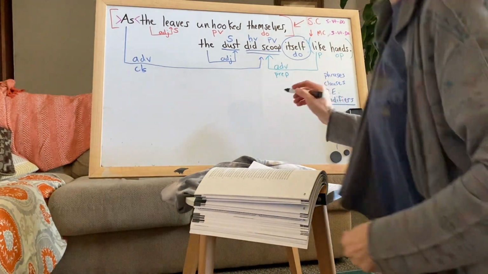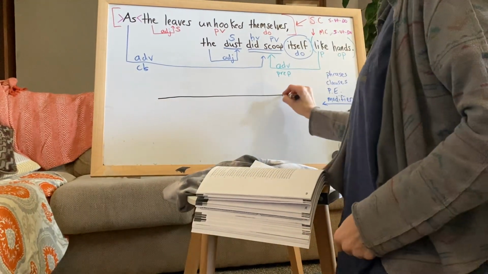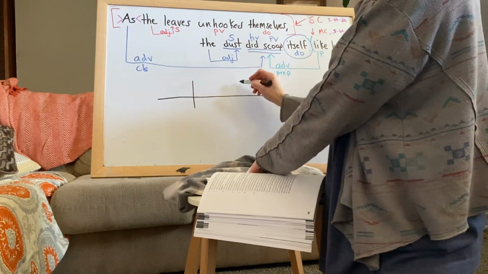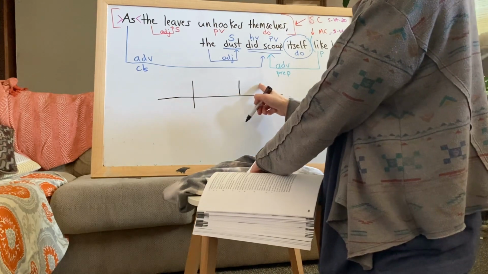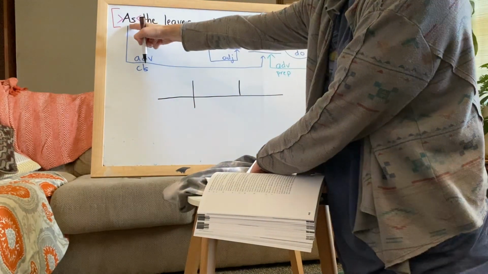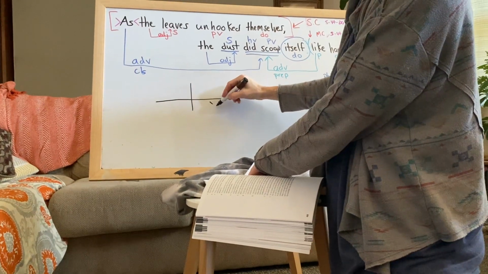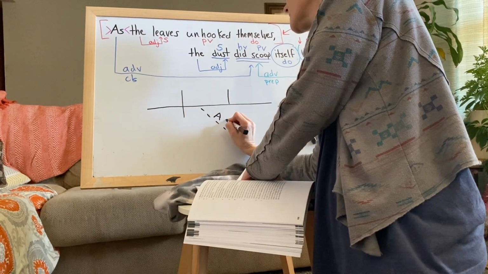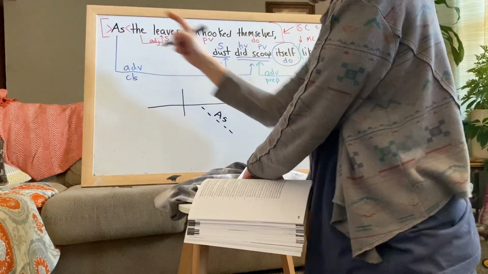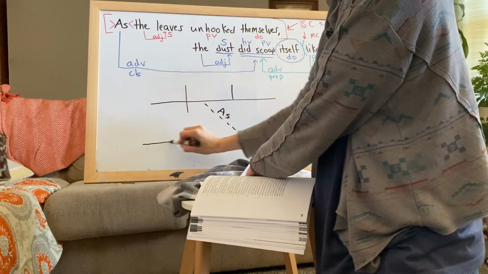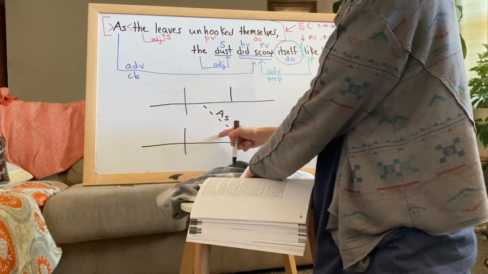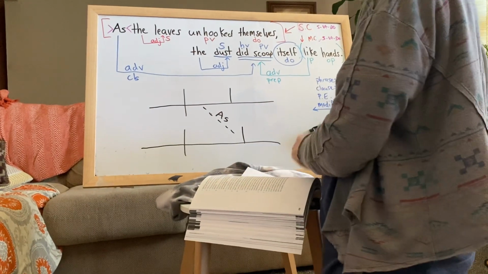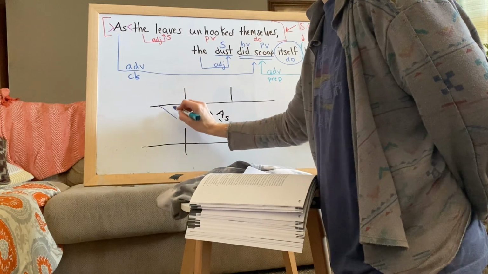So we're going to go ahead and diagram it. I have my line. I'm going to separate my subject from my predicate, and I have an SVTDO pattern. I have a subordinating conjunction, and those always link the verbs with a slanted line. I'm going to write "as" there. Remember, capitalize it because it is the beginning. And it's going to link our verbs. So I'm going to set my second part up like that.